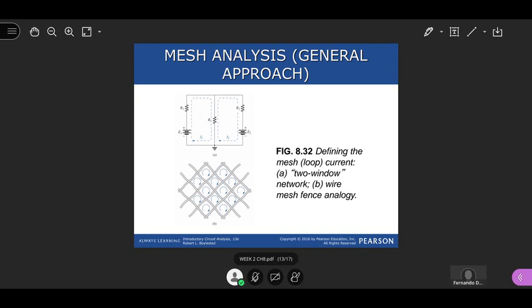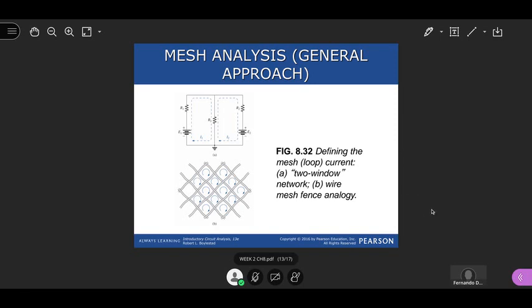For the purpose of this explanation, you can assign the loop current any direction that you want. Doesn't matter. You can do clockwise, you can do counterclockwise. It doesn't matter.